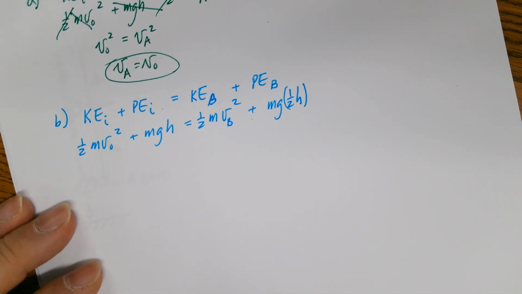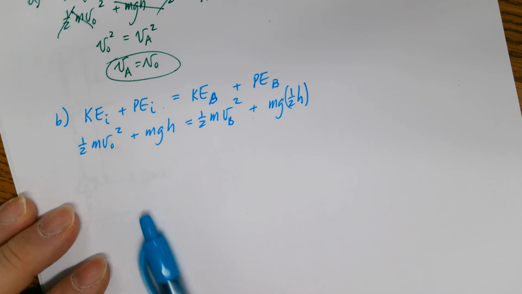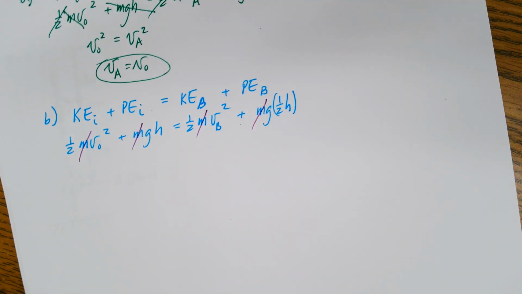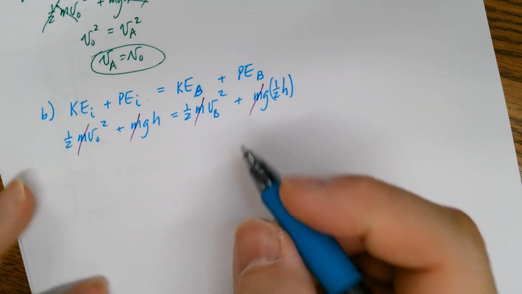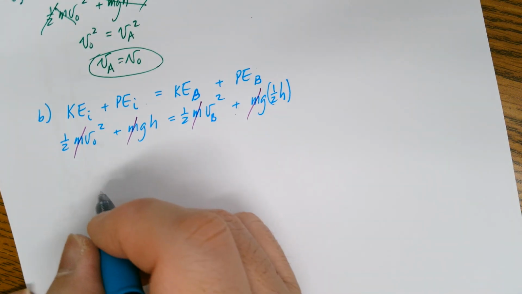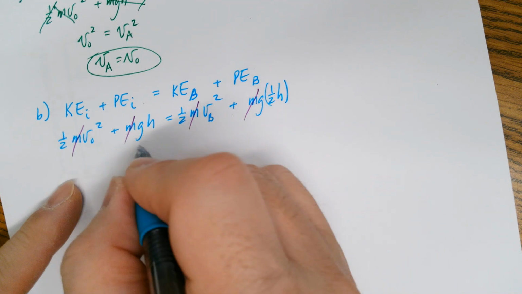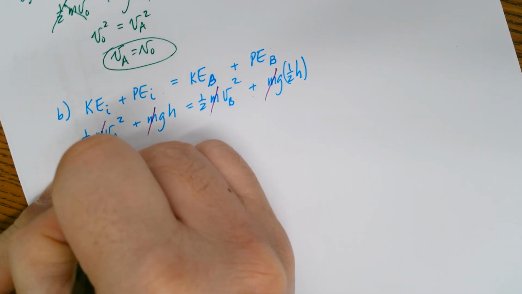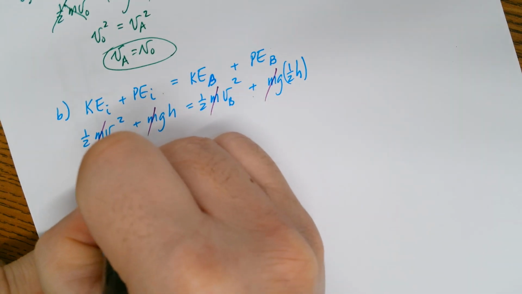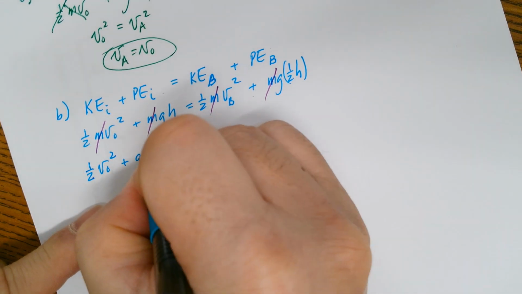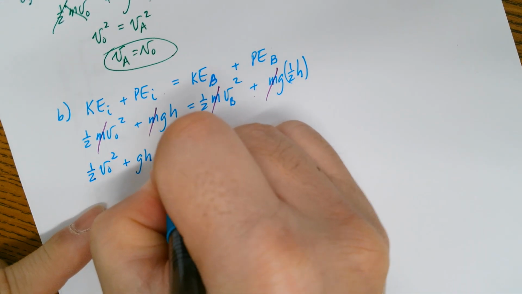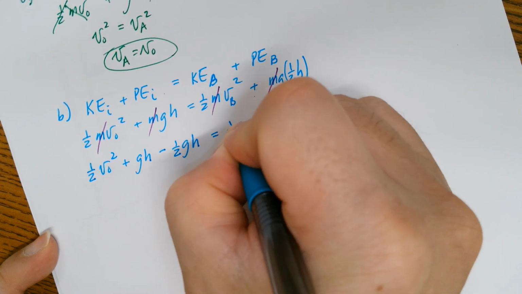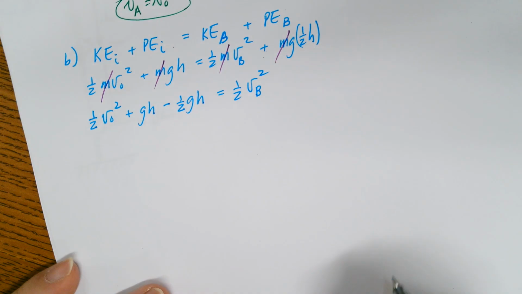So first, I guess we could cancel out all the masses. And then, if you were to bring this to the other side, you have 1/2 v naught squared plus gh minus 1/2 gh is equal to 1/2 v at B squared.